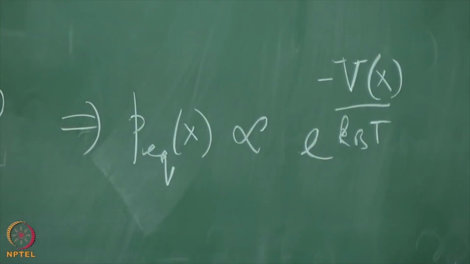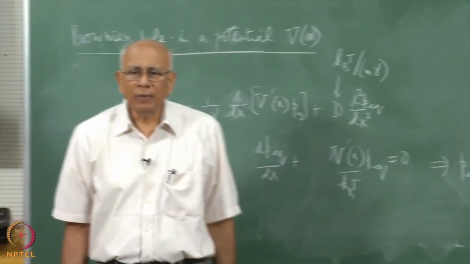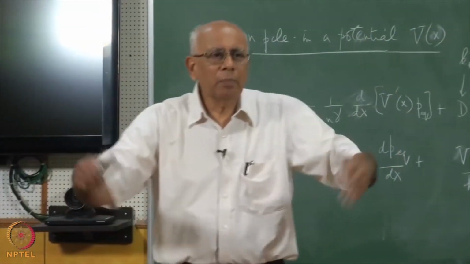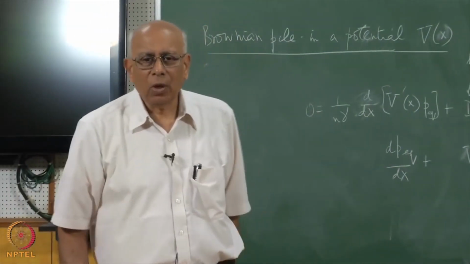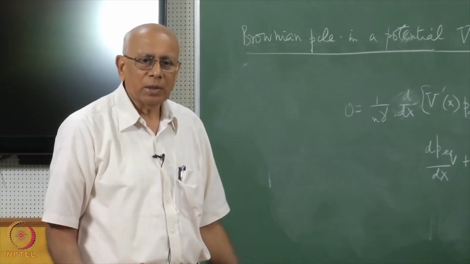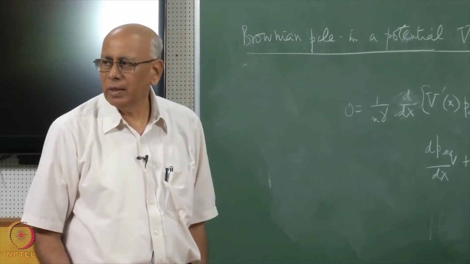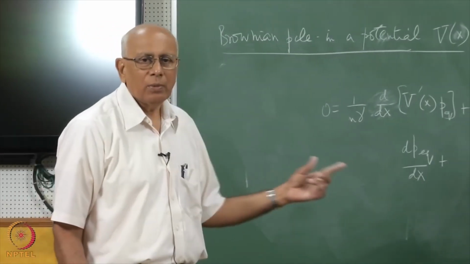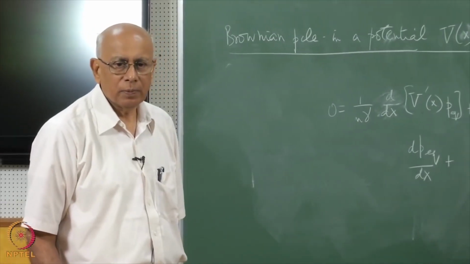There are other possibilities, we have assumed the stationary current is not there, but otherwise. This will happen whenever this V of x is bounded. I mean it binds the particle, sort of stops long range diffusion, then the particle is bound in some sense and it cannot diffuse out to infinity, and you end up with an equilibrium stationary distribution.